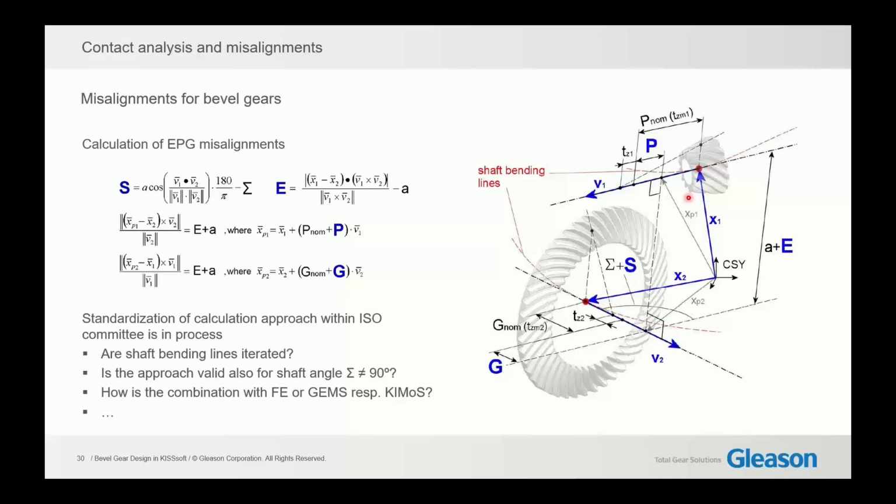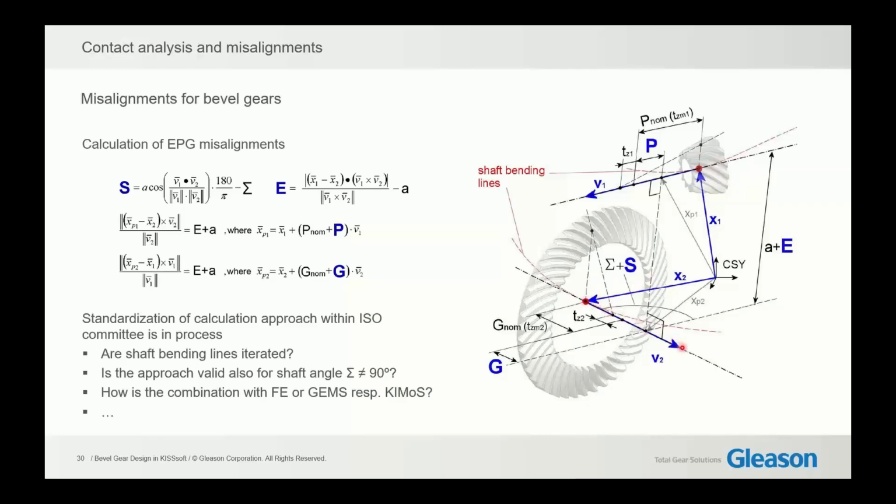The calculation of misalignments is shown here. It is defined so that the current shaft bending is considered and the vector is placed for the pinion starting at the middle of face width. The same is done for the wheel.